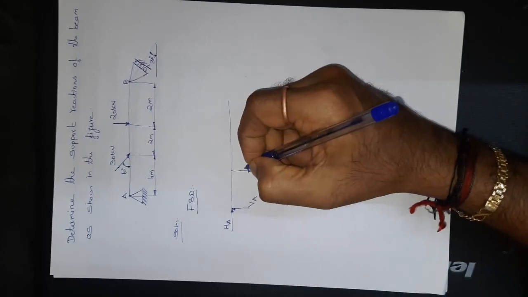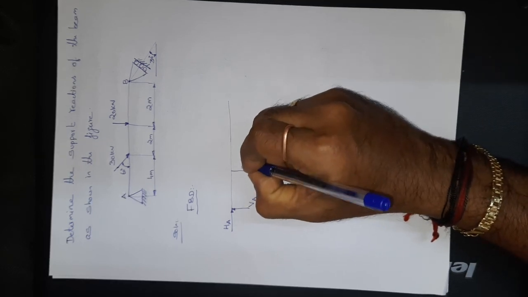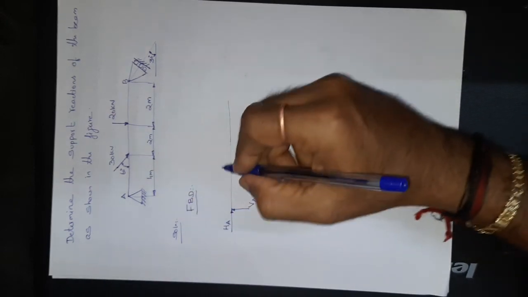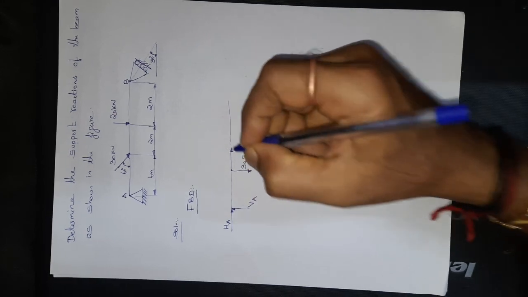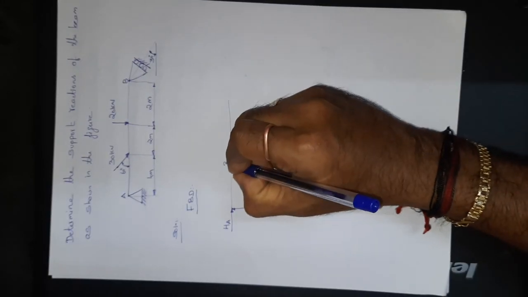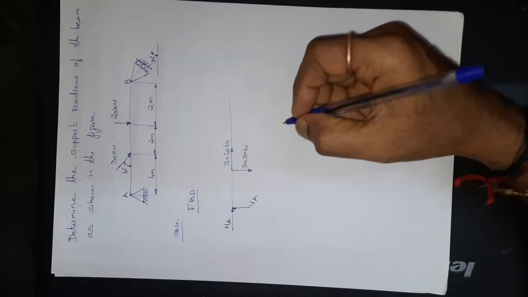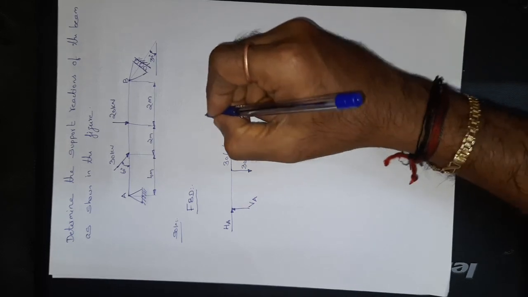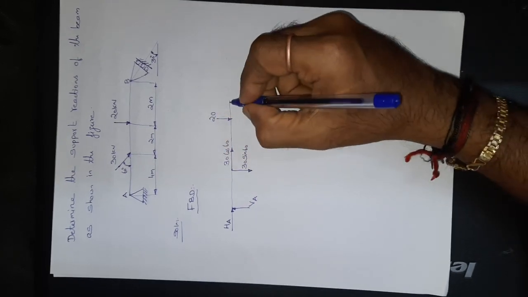So the vertical component should be of sine, 30 sin 60 degrees with the horizontal, isn't it? Similarly, the horizontal one should be the cos component, so 30 cos 60 degrees. And the point load vertically downwards of magnitude 20 kilonewton.